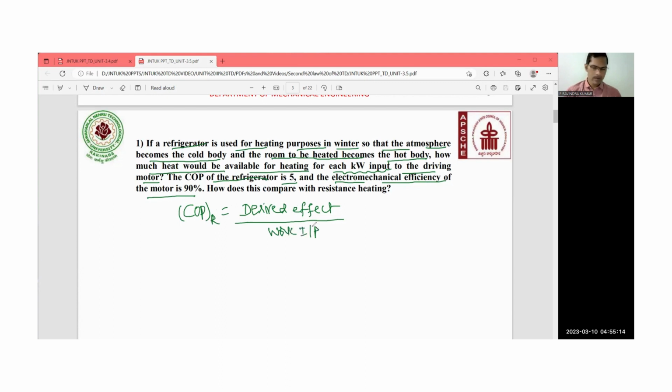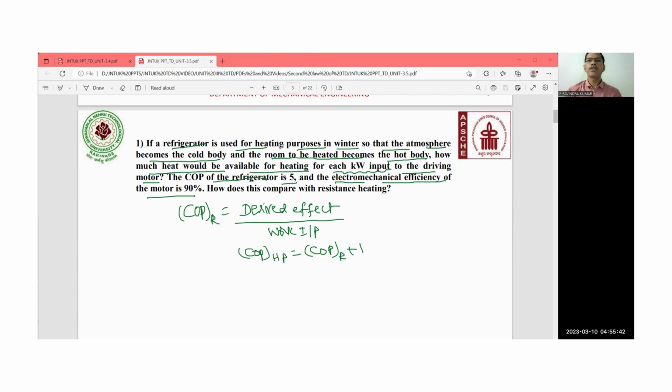See, observe this one, right? And already we know that the COP of a heat pump is equal to the COP of a refrigerator plus 1. So here, try to understand the problem.